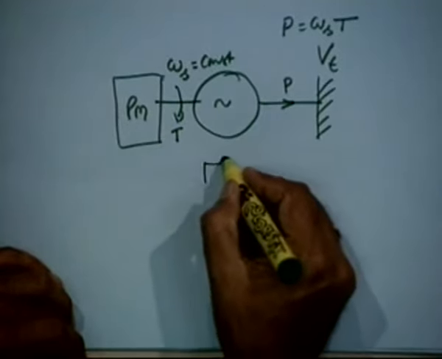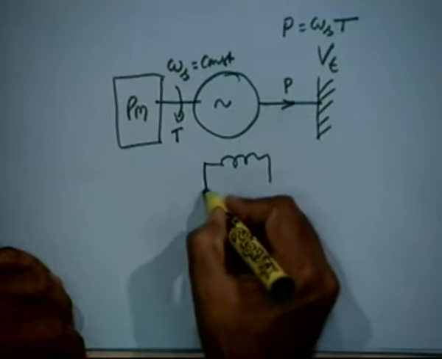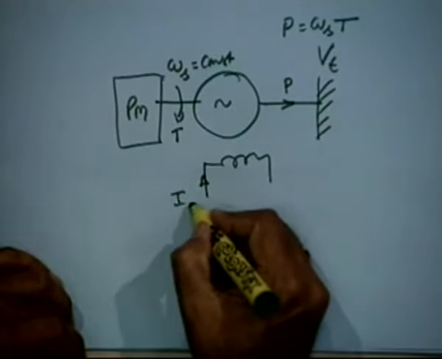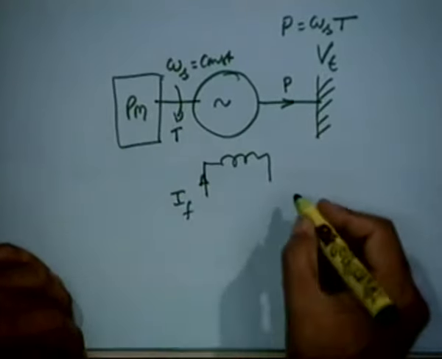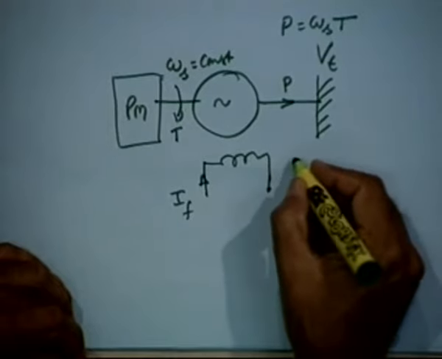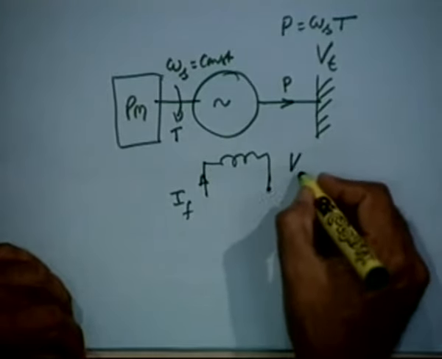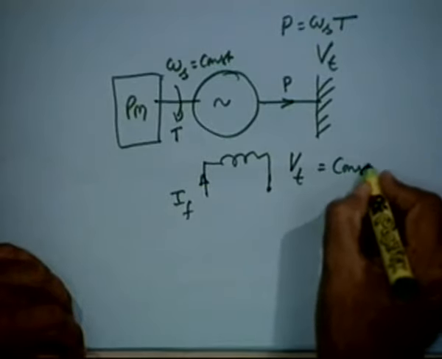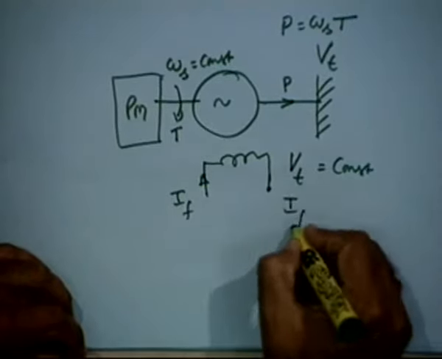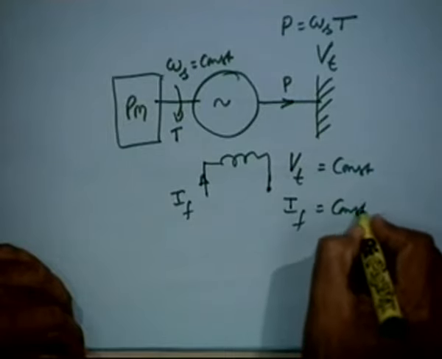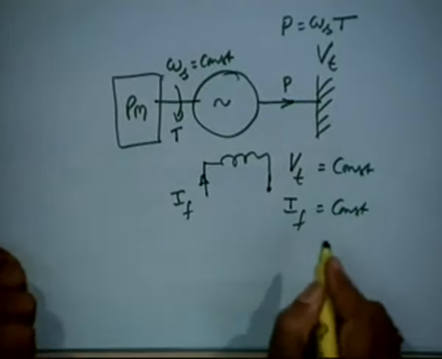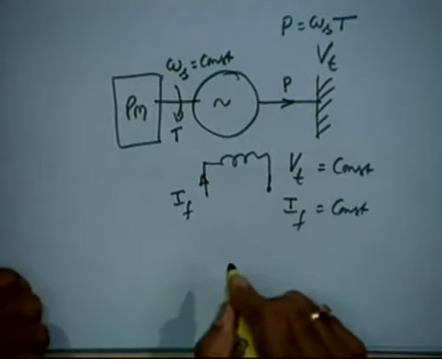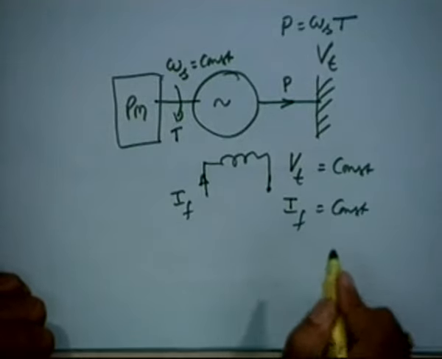And you have another independent control here, that is the field or the rotor. So let us assume that you want an expression for torque in terms of Vt, which is also fixed, and If, which is also fixed. So I want an expression for torque in these two quantities, unlike in the DC machine.